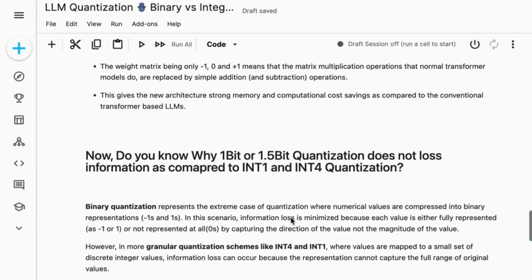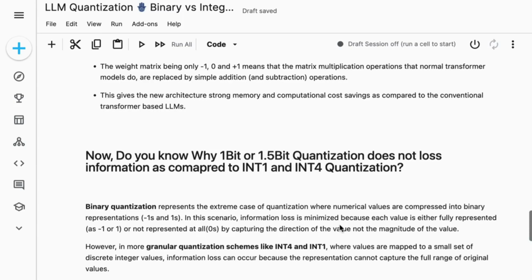Information loss is minimized because these values capture the direction of the values, not the magnitude. When we have the direction, our model can easily understand that this value is negative and this value is positive.